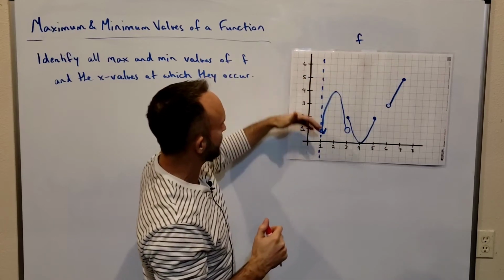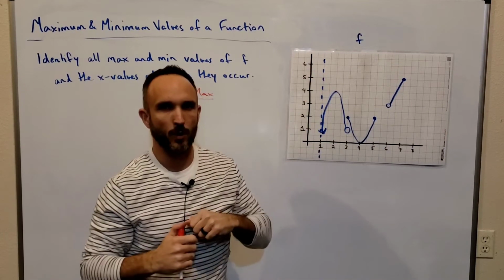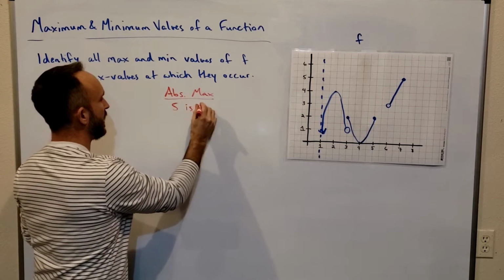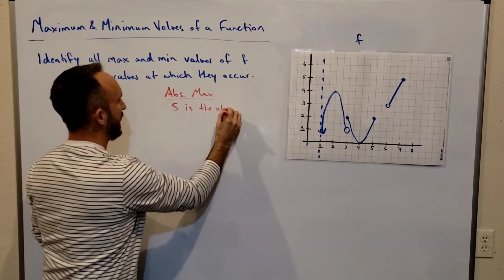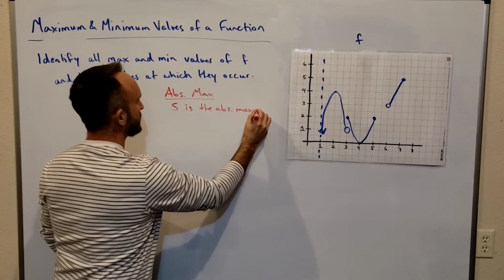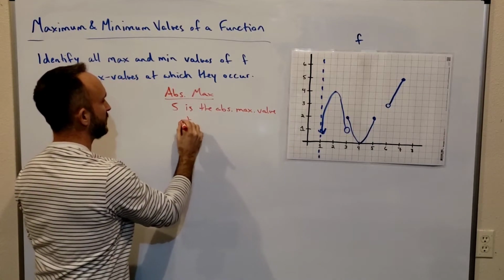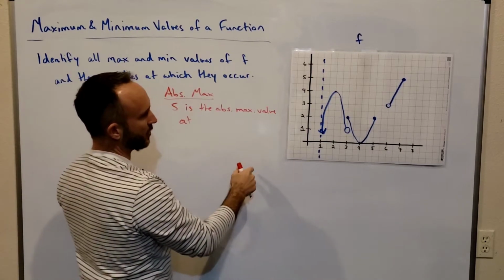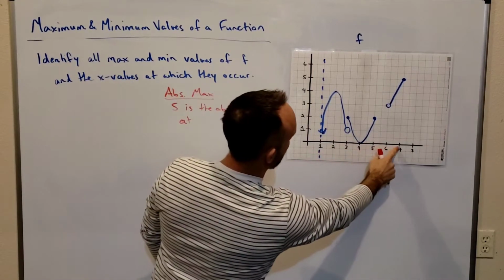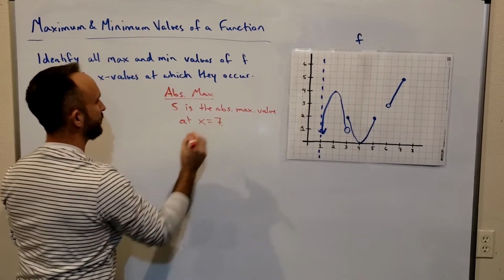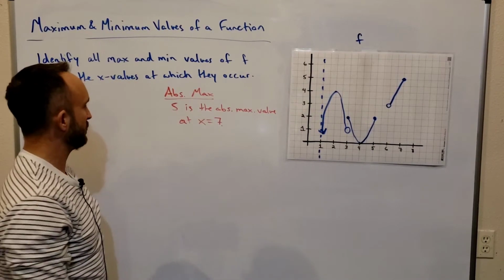Nowhere on the graph do we rise above the y value of 5. So 5 is the absolute max value, and in this case, it occurs at the x value of 7. Okay? So there's our absolute maximum.